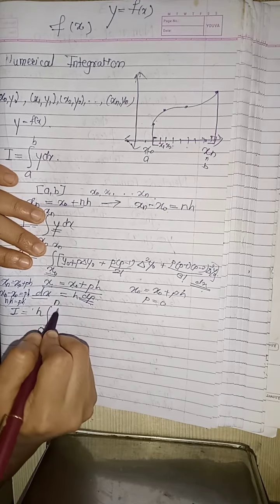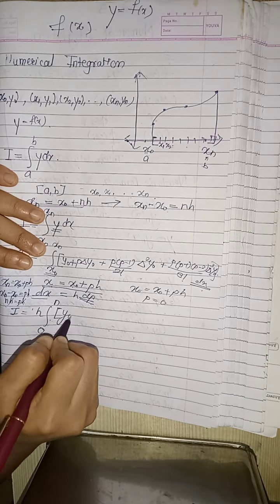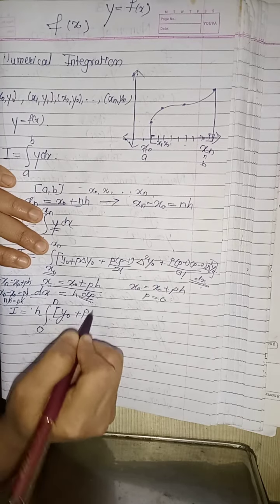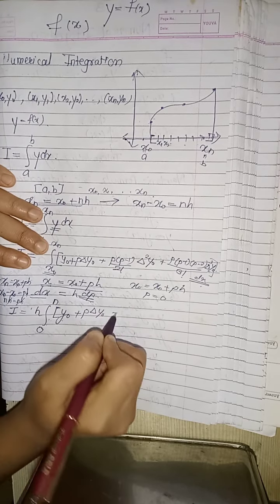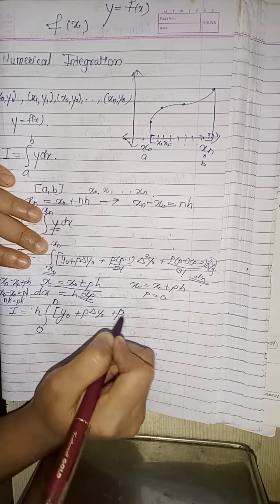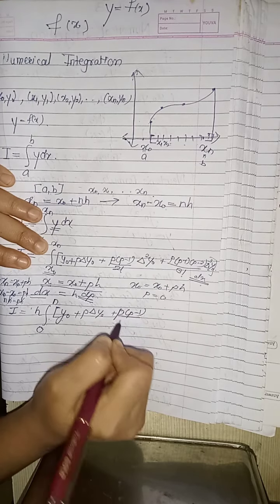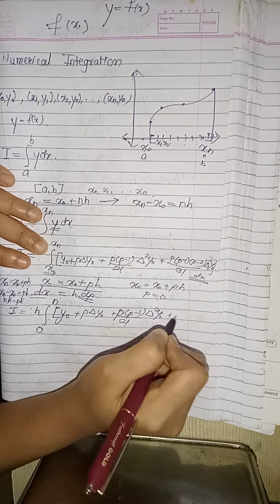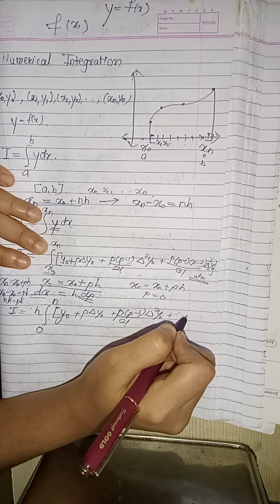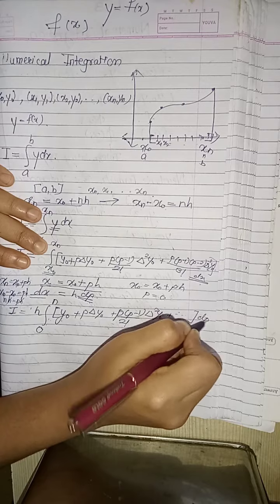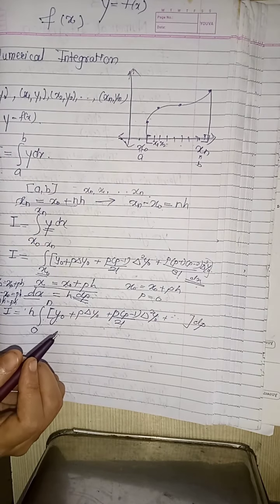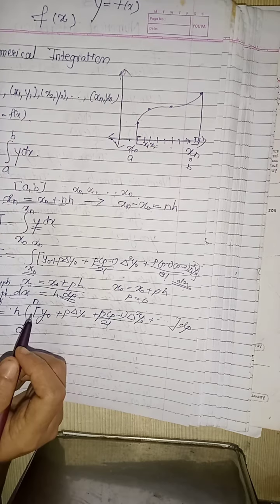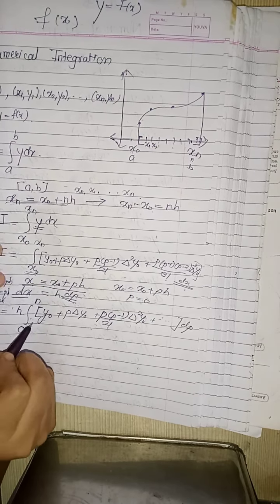Now, other things as they are, y0 plus p into delta y0 plus p into p minus 1 upon 2 factorial into delta square y0 plus and so on, dp. Okay, so this is after the substitution. Now we have to solve this integration.